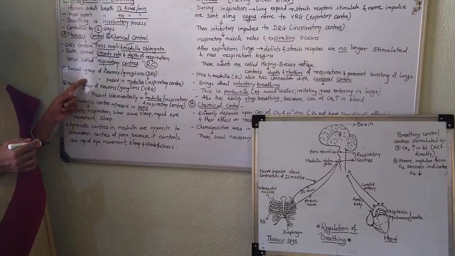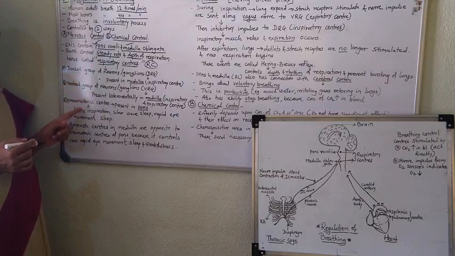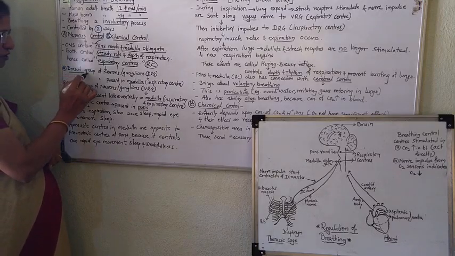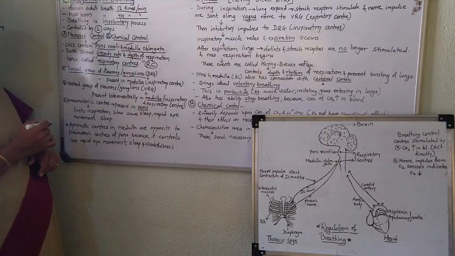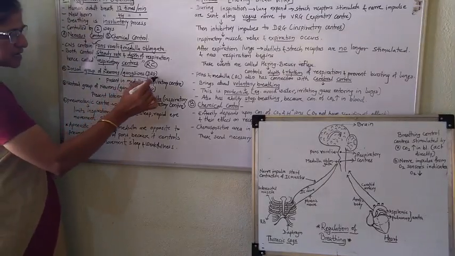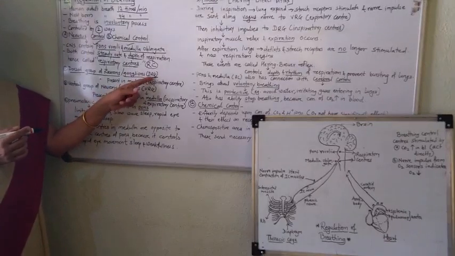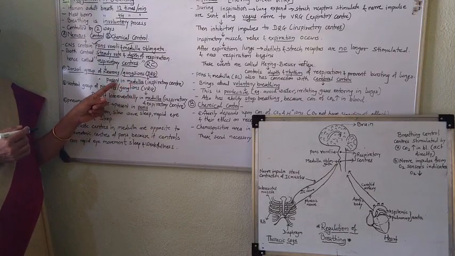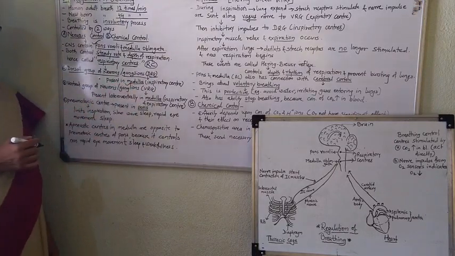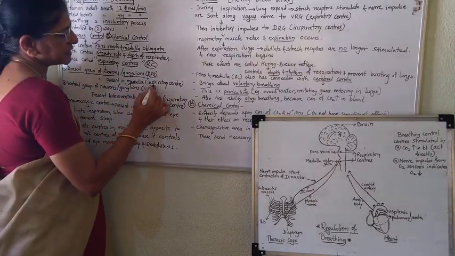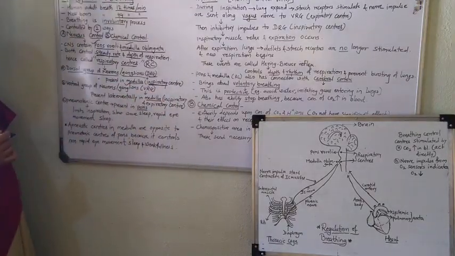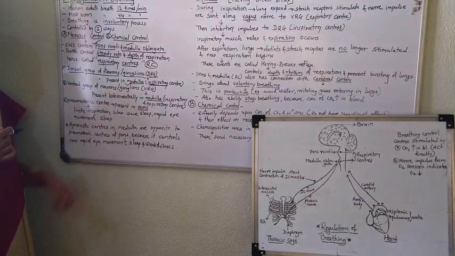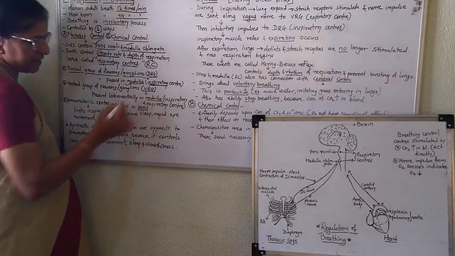These respiratory centers contain three regions or groups of neurons. The first is the dorsal respiratory group of neurons or ganglion, also known as DRG. D for dorsal, R for respiratory group and G for ganglion. This DRG is present in the medulla and it is the inspiratory center. The second group is the ventral respiratory group of neurons or ganglion. In short, it is known as VRG.